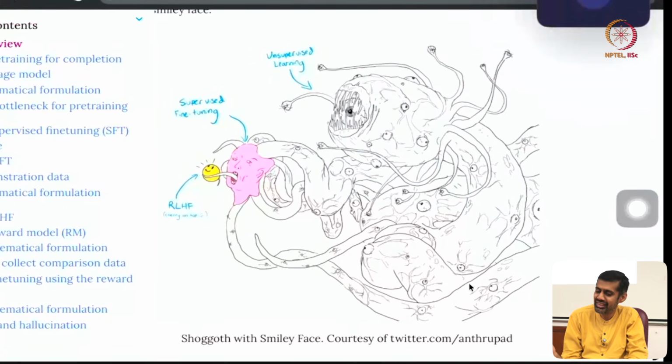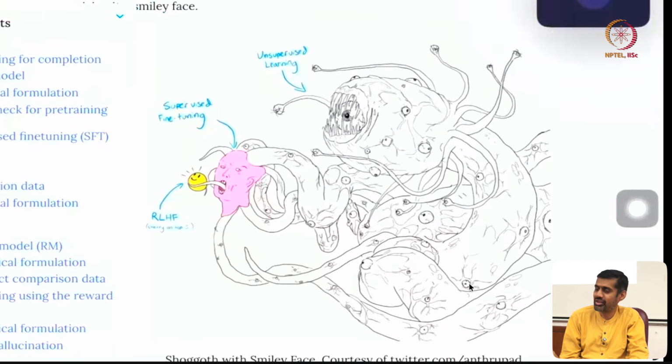When you train a large language model on internet scale data using the techniques that we just showed, what you get is this ugly looking monstrous model. That's what they have mentioned as unsupervised learning here, which is not at all usable, because if you train it on the entire internet, it will have everything, good, bad, ugly, everything.